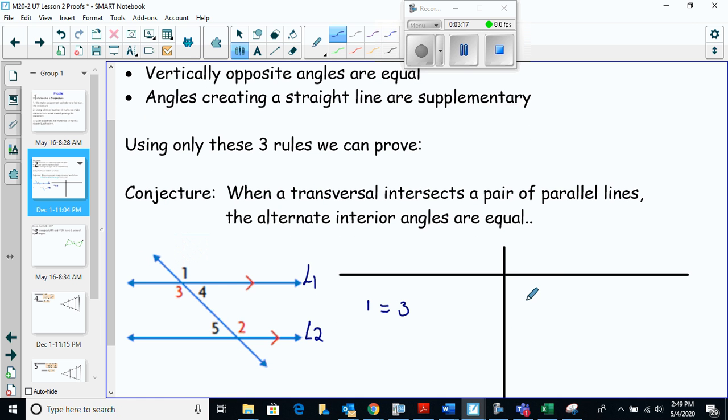Then angle 3 and angle 4 are equal to 180 as a straight line, supplementary angles. So angle 3 plus angle 4 equals 180 as supplementary angles.